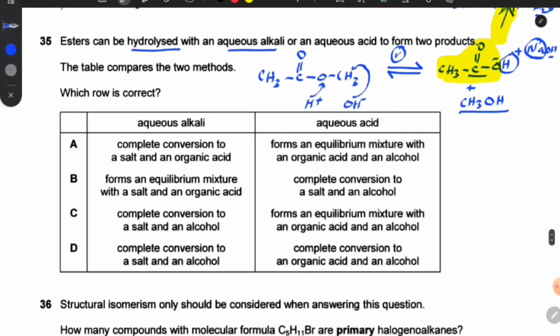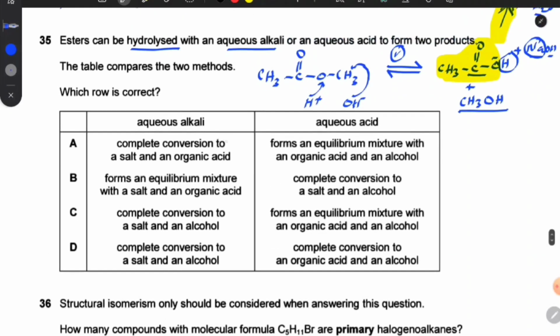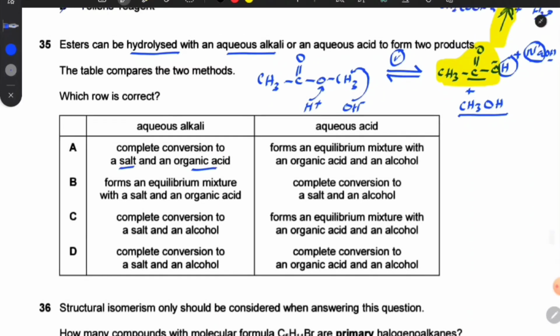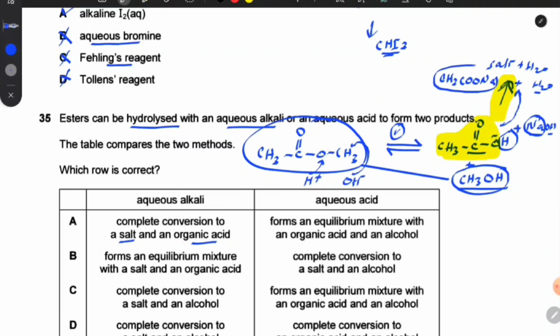Now this is what they're asking in these two columns, which row is correct. Now in aqueous alkali, complete conversion. When you are hydrolyzing this ester, you will get alcohol, and the acid will further react to give us a salt. So these are the two products which you are getting when you are hydrolyzing in the presence of alkali.